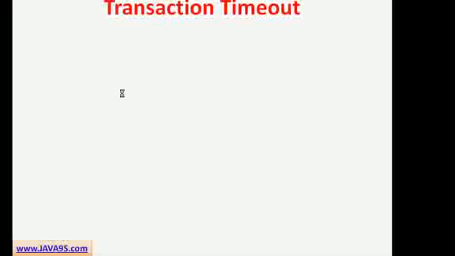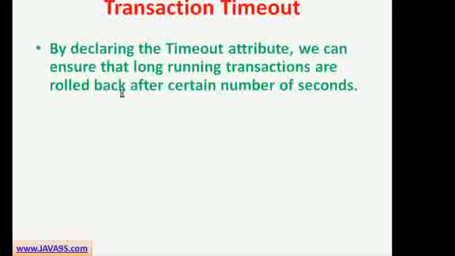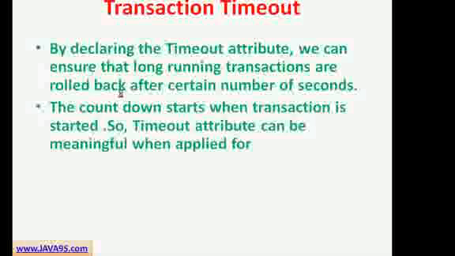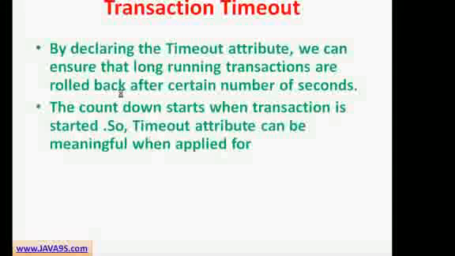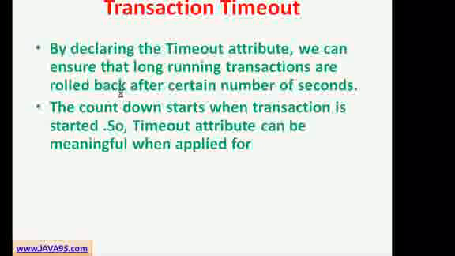Transaction timeout. You can mention a timeout for a particular transaction where there are more steps involved, so that you can ensure that if a transaction is not getting finished within a particular time, it can get rolled back. So time-critical transactions can be mentioned with the timeout count. The timeout countdown starts when a transaction is started.